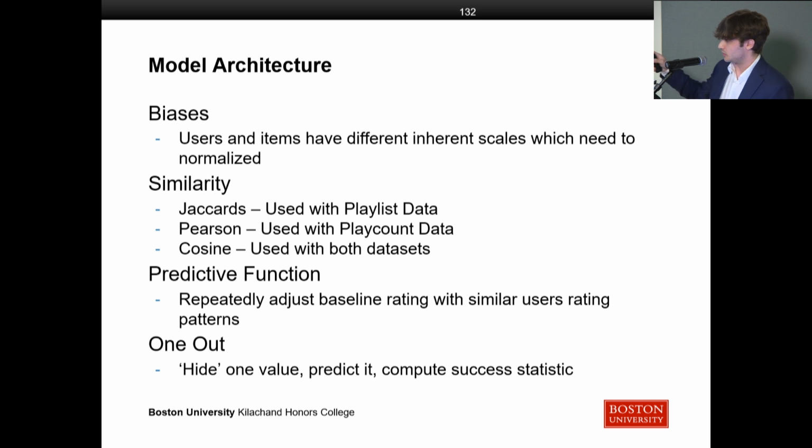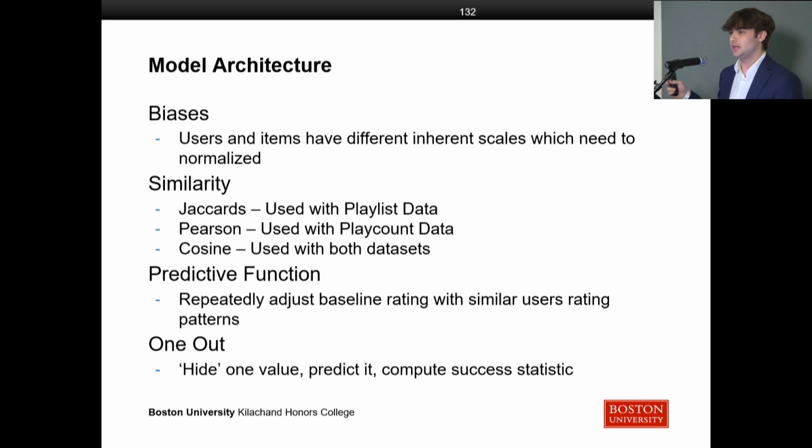The most important part is the predictive function. It takes all this different information about biases, about similarity coefficients, and about specific information from the user and from the data sets, the playlist data and the play count data, and puts it all together into one equation, does a little bit of math, and spits out a rating that is on a similar scale to the data set it comes from. For example, if I was asking it to predict on the playlist data, which is 1s and 0s, it would spit out a 1 if it thinks the user would like this item, or a 0 if it thinks the user wouldn't.